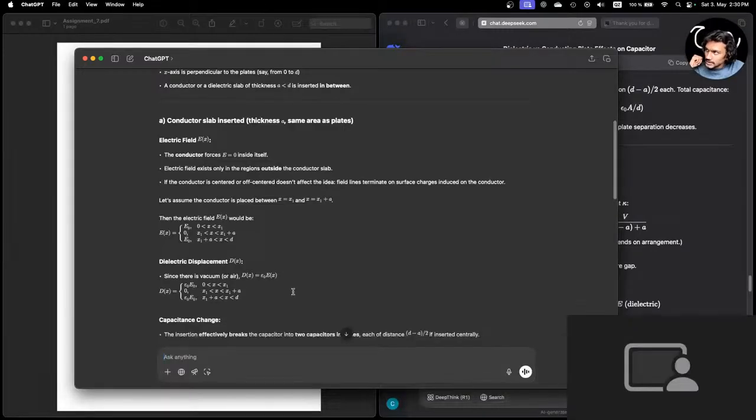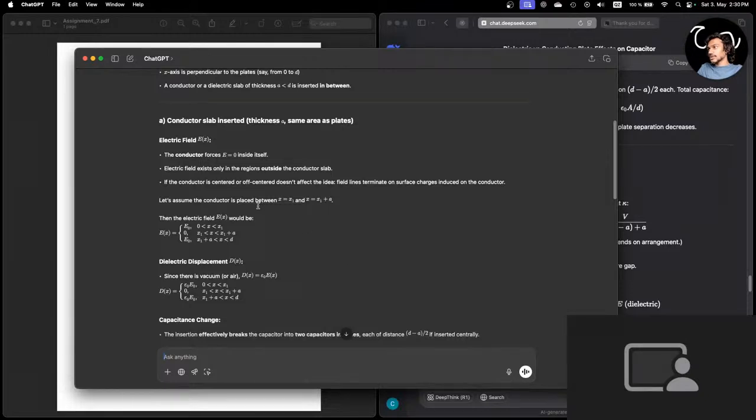Electric field E of x: the conductor forces E to zero inside itself. The electric field exists only in the region outside the conductor slab. Whether the conductor is centered or off-centered, the field lines terminate on surface charges induced on the conductor.